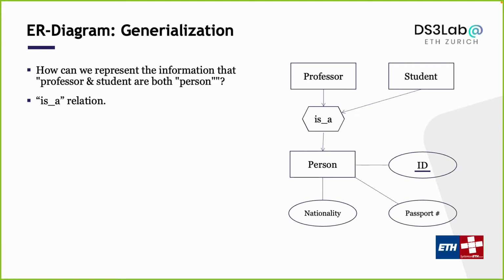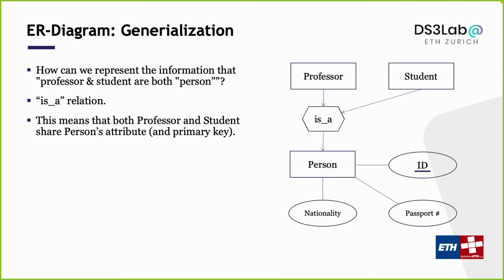And then what this implies is that both professor and students will inherit, so they are going to have the same key and same attributes as person. Whatever attributes you have for a person, it's also going to apply to professor, also apply to students.